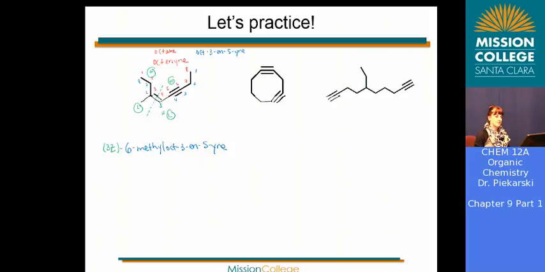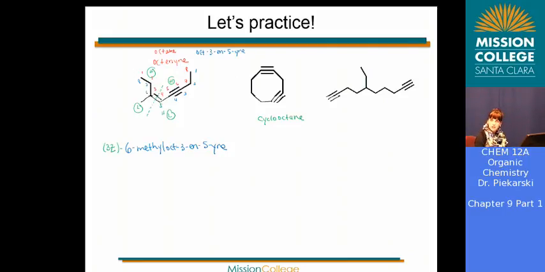So we have a very interesting molecule here that has 2 triple bonds, and it's a ring structure. How big is the ring structure? 1, 2, 3, 4, 5, 6, 7, 8. So it looks to be 8 carbons long. So it looked like it would have been a cyclooctane, right?